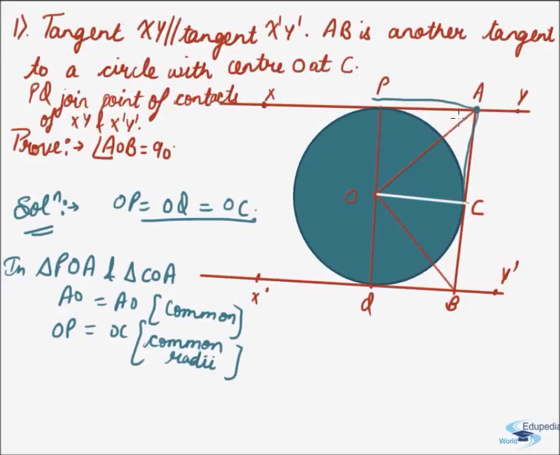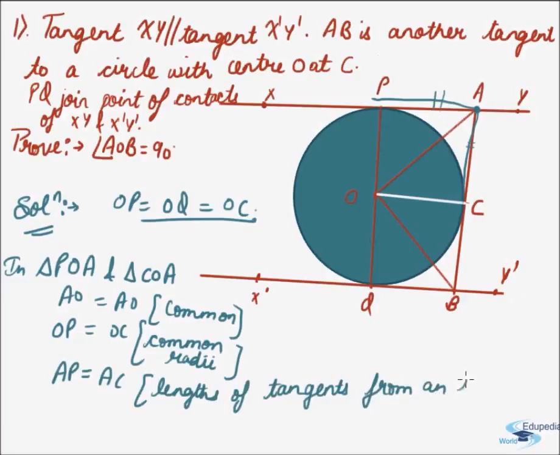Thus, we can say that these tangents are of equal length. That is, AP is equal to AC, because lengths of tangents from an external point are equal.